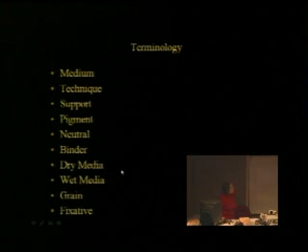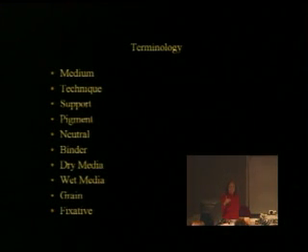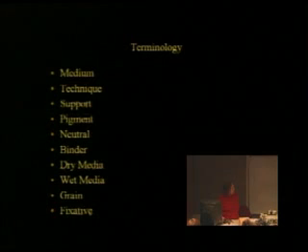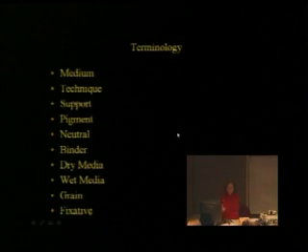Now, in drawing, the different materials are divided up into two different types, either dry media or wet media. On the handout that I gave you, on one side there's a table of the different kinds of materials used in drawing, and the other side has a table of painting materials. I listed on the table for drawings the materials that are called dry media. And dry media are exactly what it means.